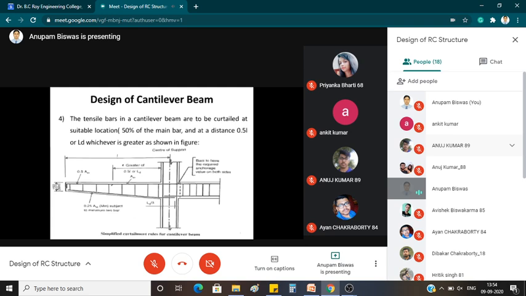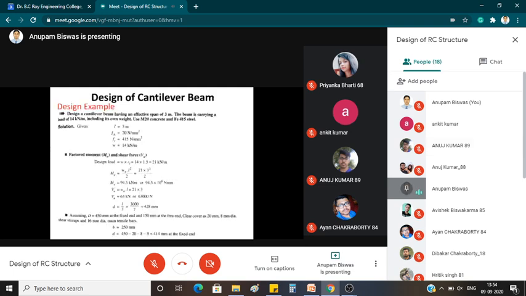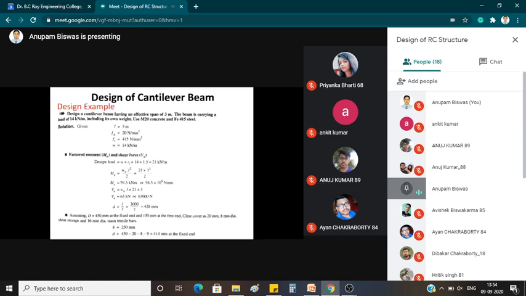I have also shown how to get the modification factor from the percentage of tension reinforcement plot, which we will see. So let me discuss the design of a cantilever beam with an example.